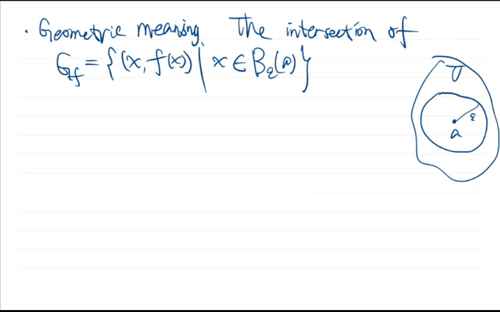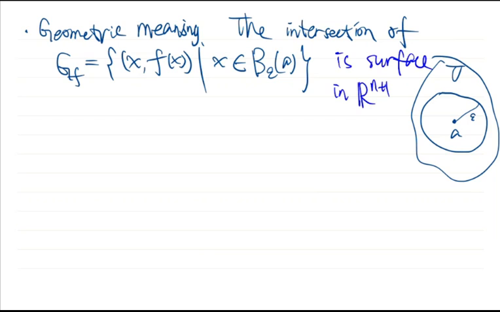So this is the graph of f. The intersection of this graph is a subset. Actually, this is a surface in R^(n+1). It is a subset of R^(n+1), and it is a very nice subset, for example smooth, depending on the property of f.